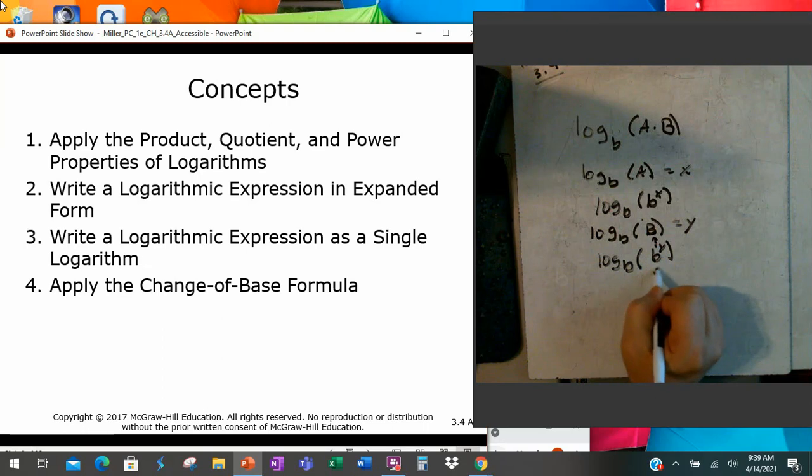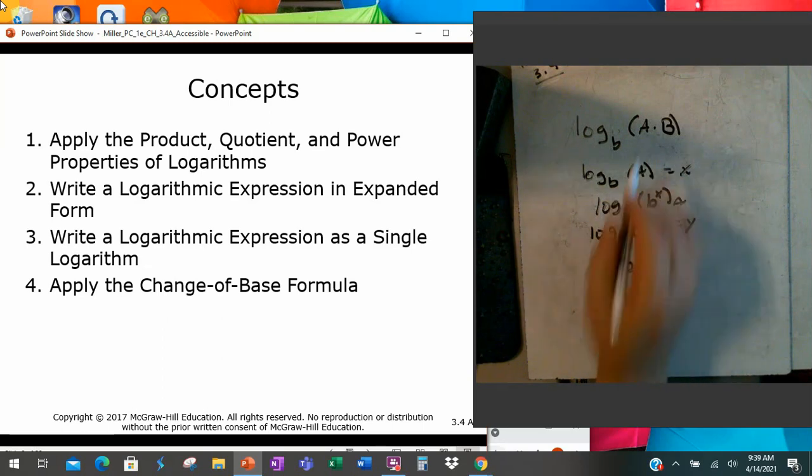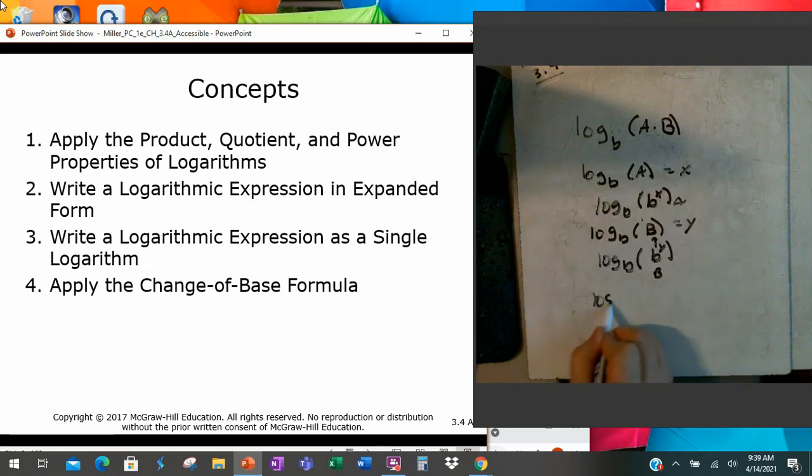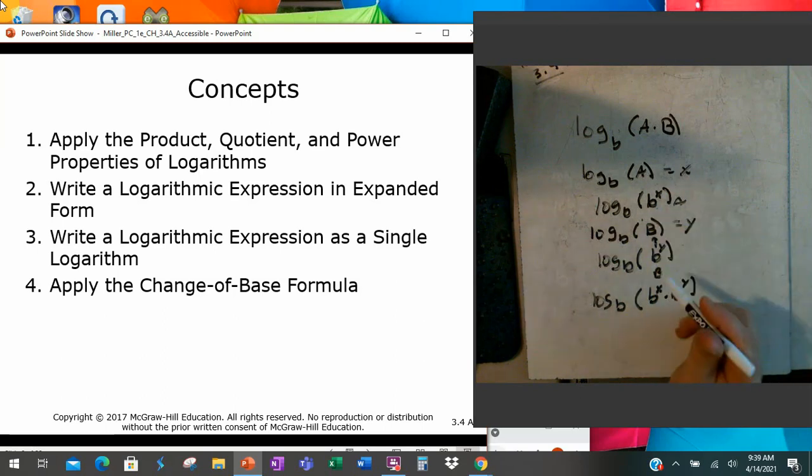This number is b. This number is a. So these two really I can represent as log base b of b to the x times b to the y. Here's my a, that's just b to the x. My b, little b to the y, the base.